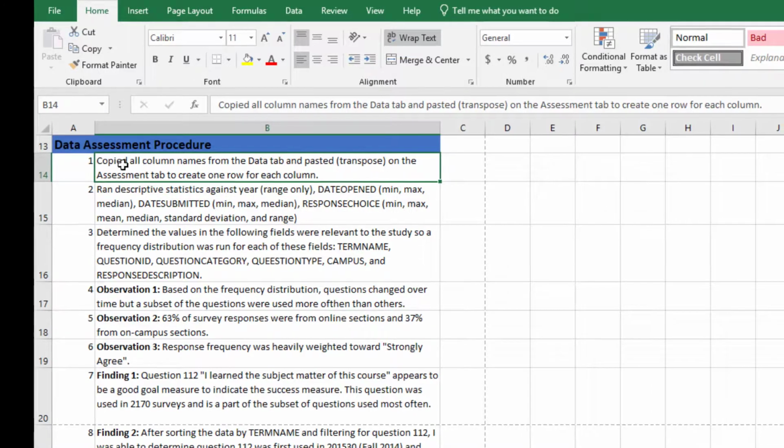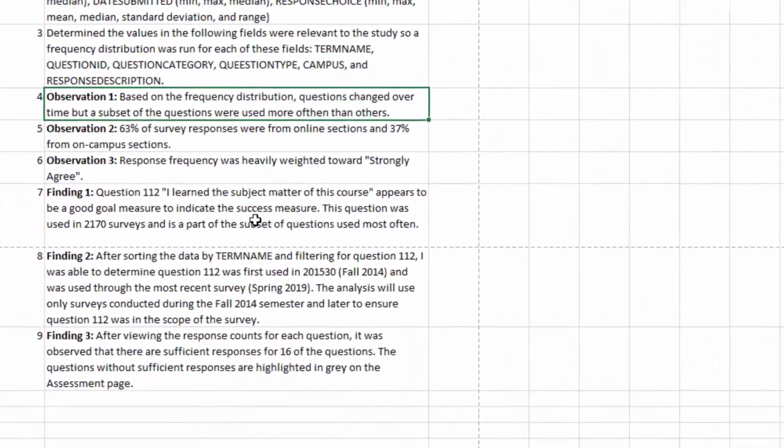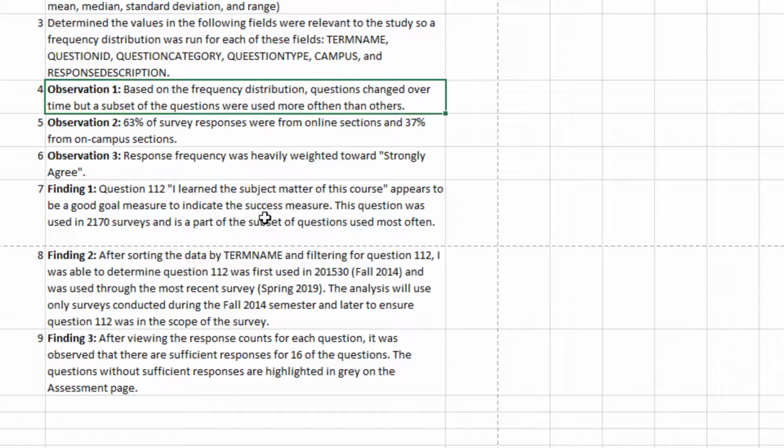So I identified the steps that I took for setting up the analysis, and I'm also identifying some of the observations. First, based on the frequency distribution, I see that some of the questions were used more frequently than others, and that it had changed over time. So we are not using a complete set of questions all the time; those questions had shifted.